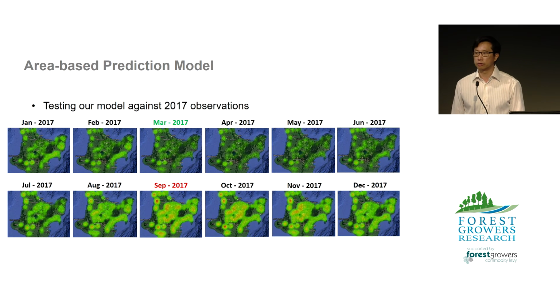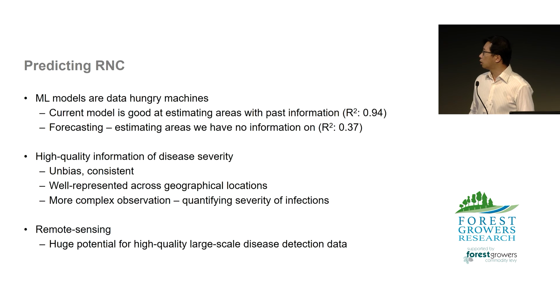Next, we test the prediction capabilities of the model using data that we have withheld from the model during training. And here we can see that the model is able to predict the seasonal cyclic expression of the disease that we observed in the field from our field studies earlier on.